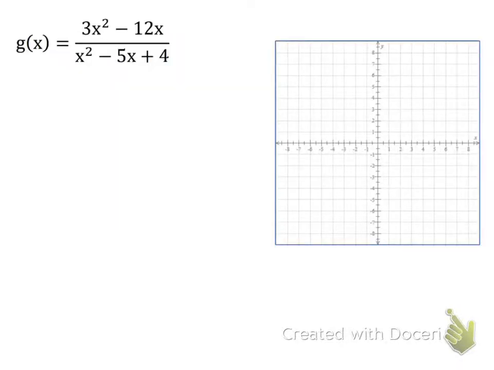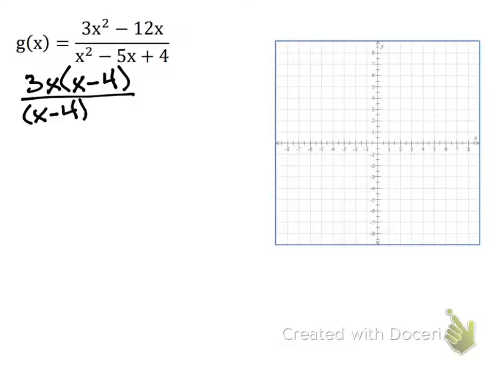First thing that we need to do with this is factor it so we can see what's happening. To factor, we will have 3x times x minus 4 over x minus 4 times x minus 1.